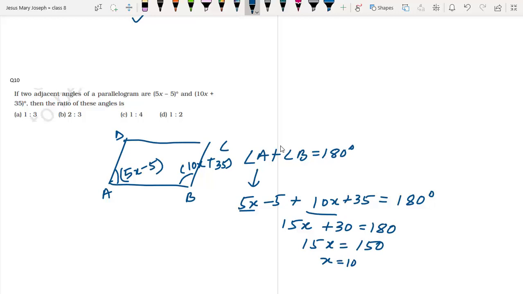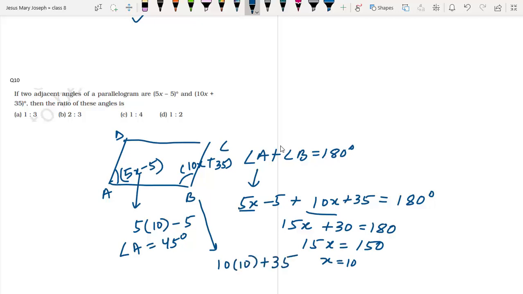Now x equals 10, therefore angle A is how much? 5 into 10 minus 5, that is 50 minus 5, 45 degree. Angle A equals 45 degree, and angle B is equal to how much? 10 into 10 plus 35, that is 100 plus 35, 135.